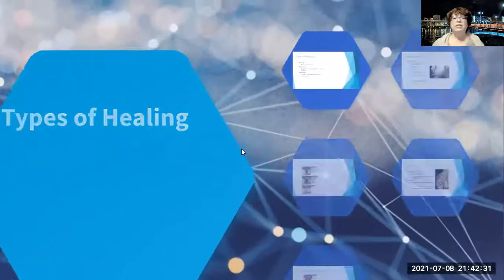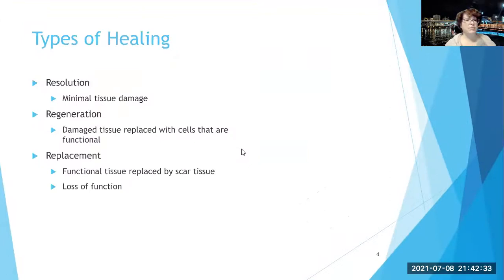So the types of healing of a wound can be accomplished in several different ways. When there's minimal tissue damage, the healing process is called resolution, and resolution is the process where damaged cells recover and the tissue returns to normal within a short period of time. The example that I like to give is a paper cut.